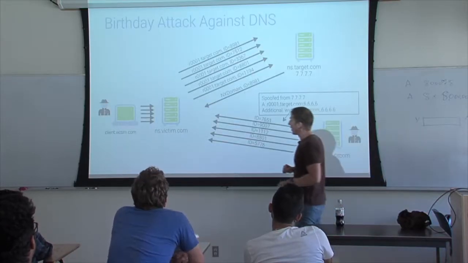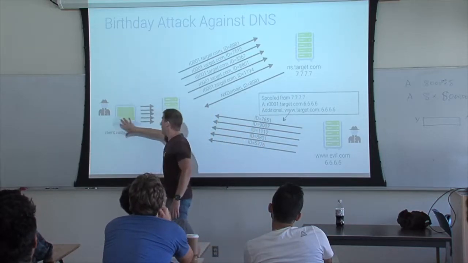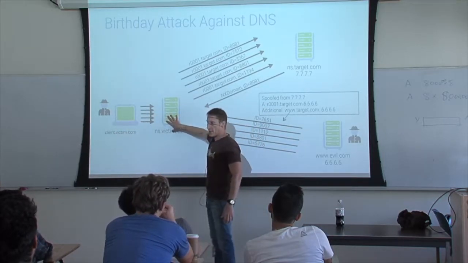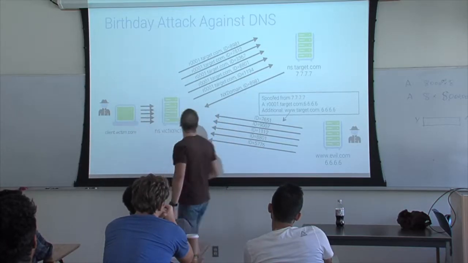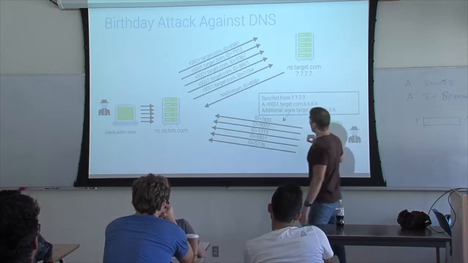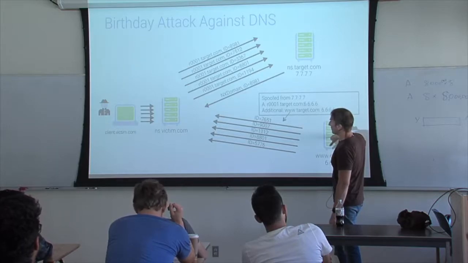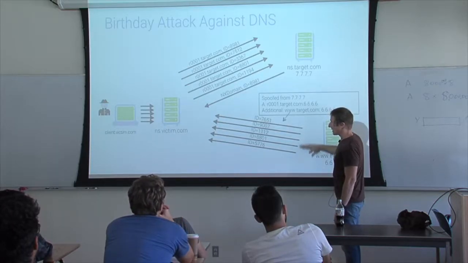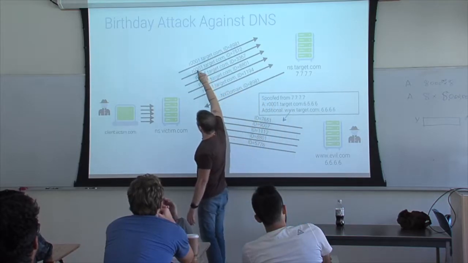There's a description there. But fundamentally, this is the victim, okay? The victim will believe what this guy is saying. This is the name server of the victim. Now, as you can see, this is some spoofed information that will be sent as an attack. But first, we have to trigger a request.